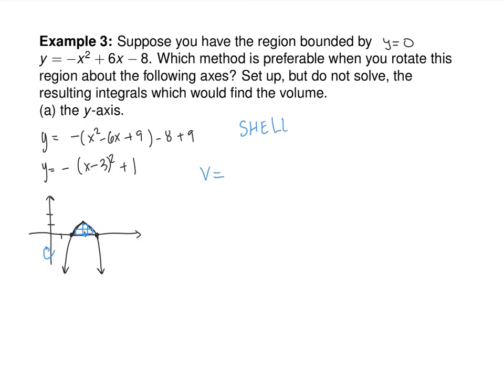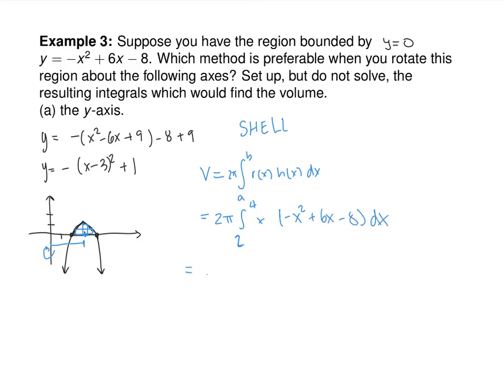And so your volume is an integral from, well, 2 pi a to b r of x h of x dx. So your a is 2, your b is 4, your radius, distance from axis of rotation out to random slice, is x. Your height is just the curve itself, so negative x squared plus 6x minus 8.